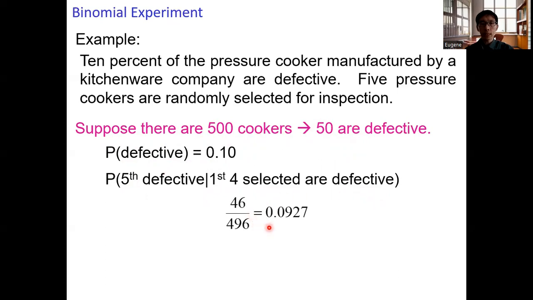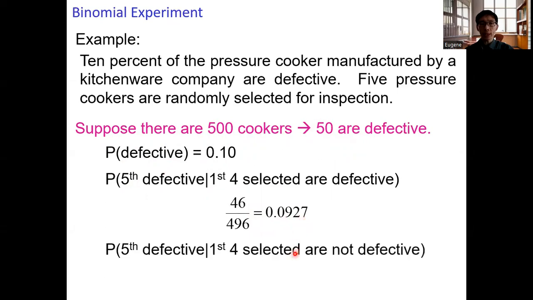The probability is 0.0927. And what if the first 4 cookers selected are not defective? Then the probability that the 5th cooker is defective is 0.1008. The 2 probabilities are getting closer, but still they are not close enough to say that they are the same.